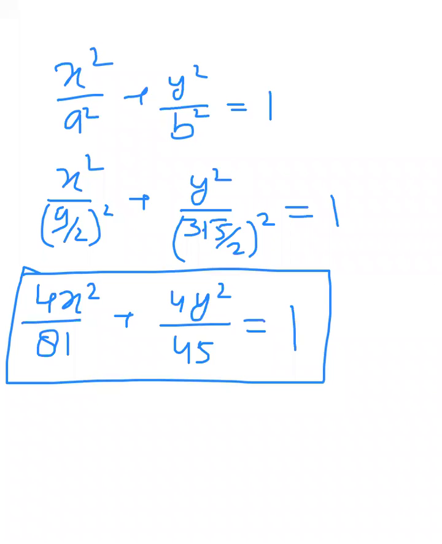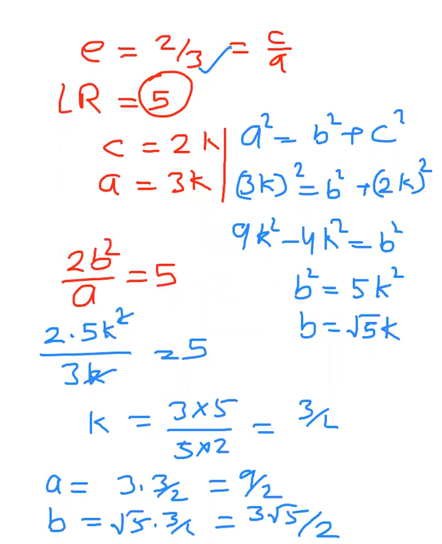Some of the things were given, like eccentricity and length of latus rectum. If eccentricity and length of latus rectum are given to us, in that case we could calculate the equation of the ellipse. Normally when other things are given, they ask us to calculate the equation of the ellipse or whatever curve we need to calculate.